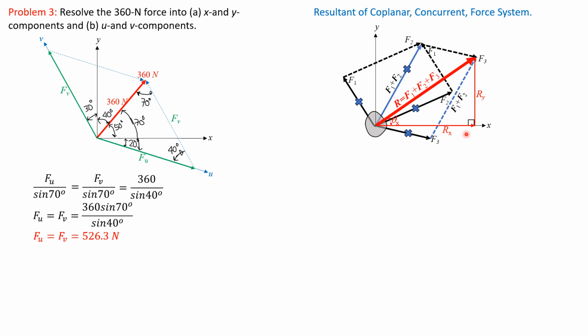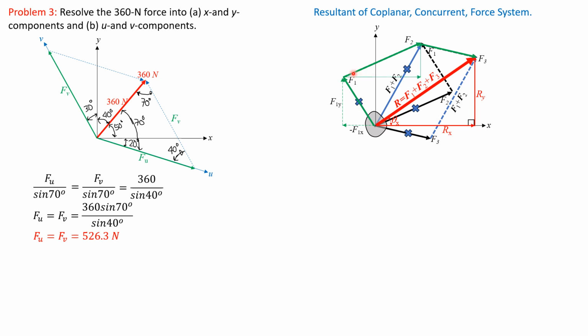So it's obvious. Therefore, from the figure, we have Rx. So we have F1, F2, F3, this green here, and it ends up with the same tip. These are the components of F1: negative F1x because it is leftward, but positive F1y.